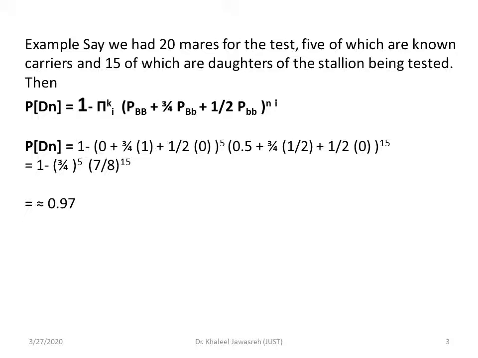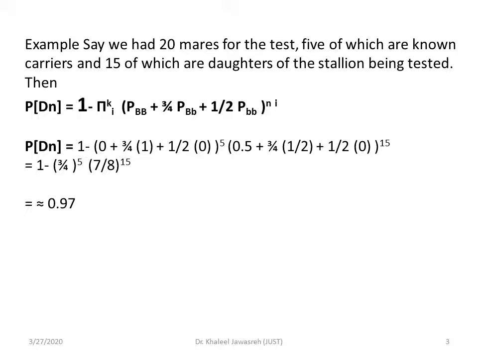This component will be multiplied by the second mating, which is the daughters of this stallion, that are 15. By using the daughters, we do need to understand that the probability of being B capital will be half.